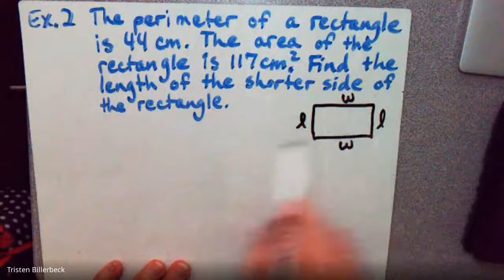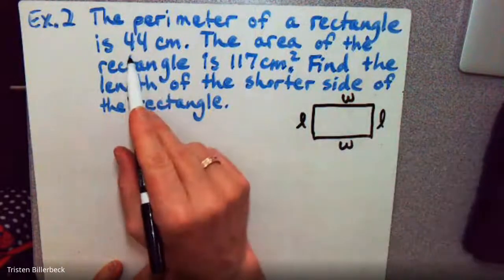Okay, so we see we have 2L plus 2W equals 44.